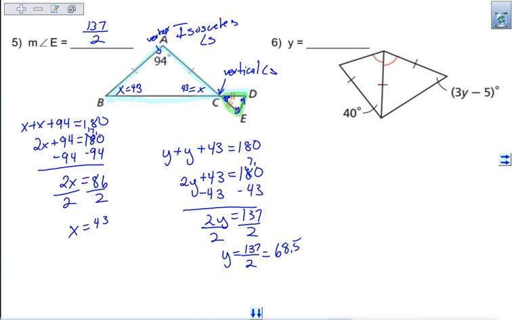And our last problem, again, we have two triangles, and they're both, again, isosceles triangles. And we still have angle measures that we're dealing with.